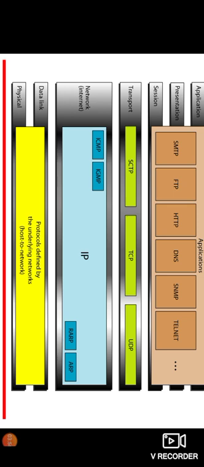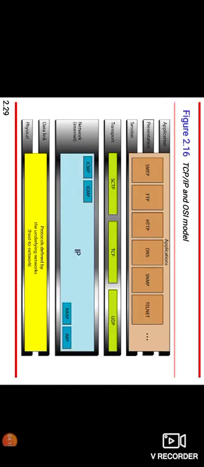It deals with SMTP, FTP, HTTP, DNS, SNMP and Telnet. So that is the comparison of the ISO OSI layers with the TCP/IP model. Next we see the duties of each layer.